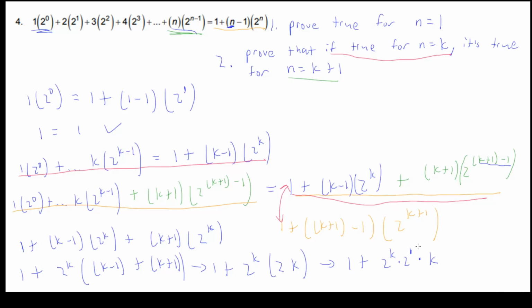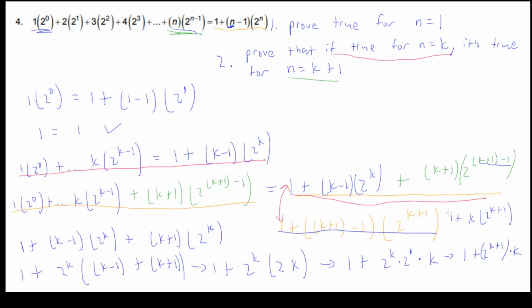So we have 1 plus 2 to the k plus 1 times k. And this expression here is the same as, since k plus 1 minus 1 is just k, it's the same as 1 plus k times 2 to the k plus 1.